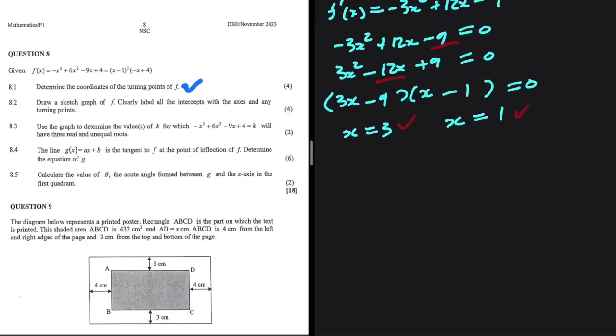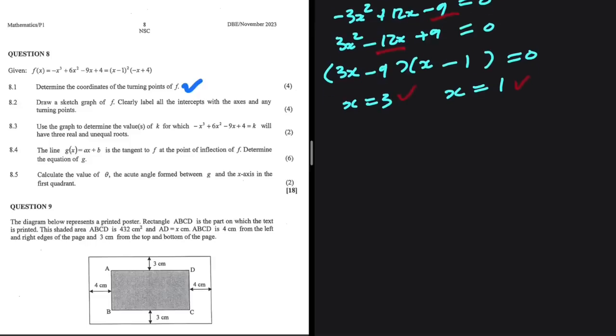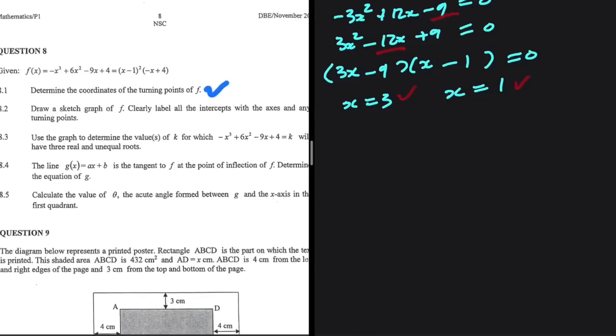But we are looking for the coordinates, so we need to substitute these x values into f of x. So we're going to have f of 3 being equal to minus 3 to the power 3 plus 6 multiplied by 3 squared minus 9 multiplied by 3 plus 4. This is equal to 4.